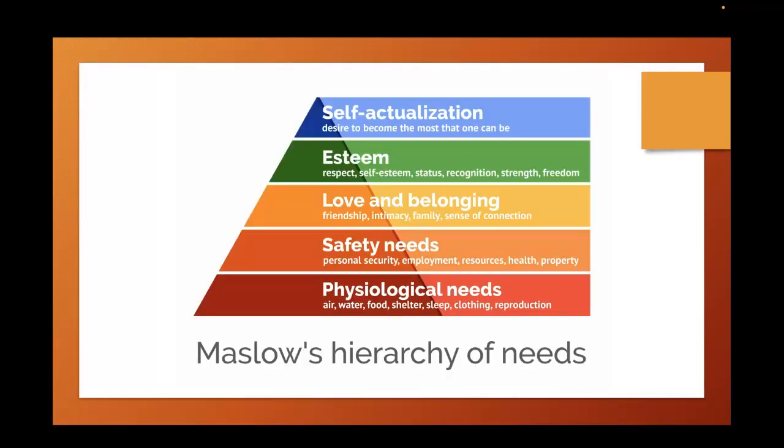Here's a nice visual of which stage exists and what the needs are. Again, this is very simplified because it was established in 1940. Since 1940, a lot of it has developed. Researchers have challenged really the order of this. I'll talk a little bit about that.